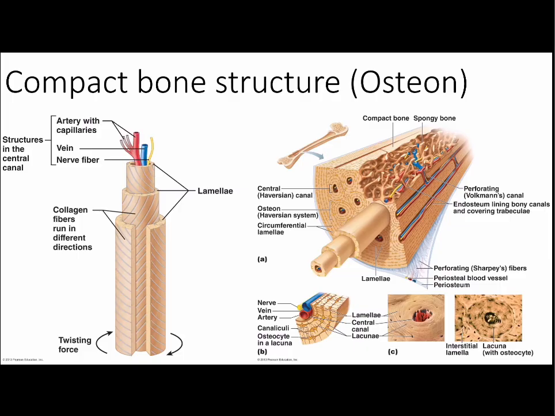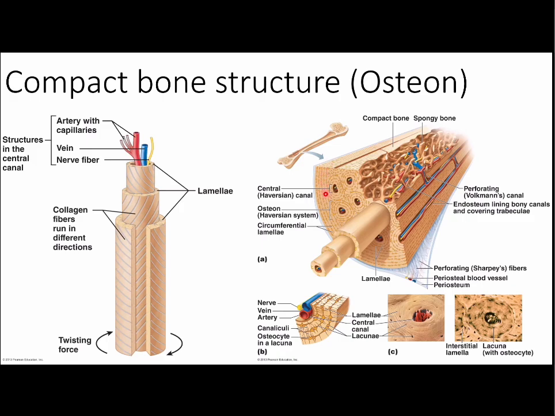Then our final type of lamellae is going to be circumferential lamellae. So these guys you're going to find just deep to the periosteum. So here we have our periosteum, our outer membrane covering our bone, and right below that, when we get to our compact bone, we're going to have these huge lamellae that run the entire circumference of that long bone.